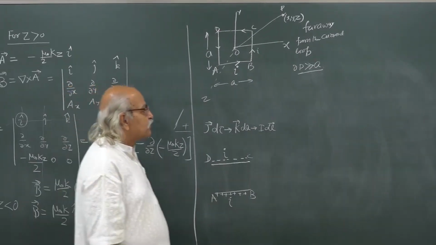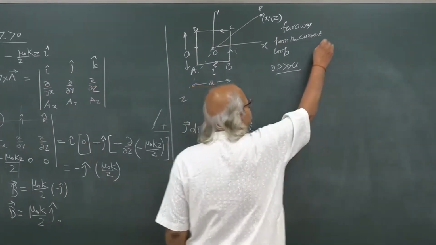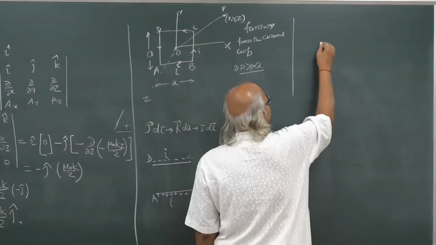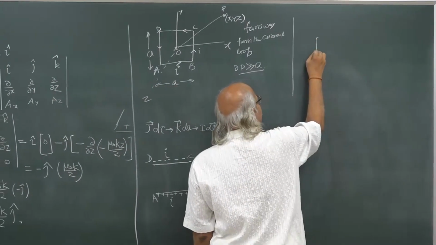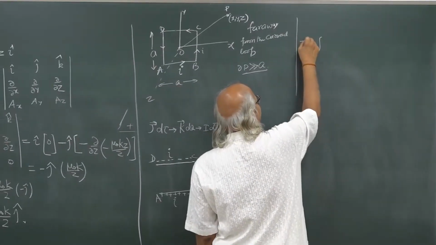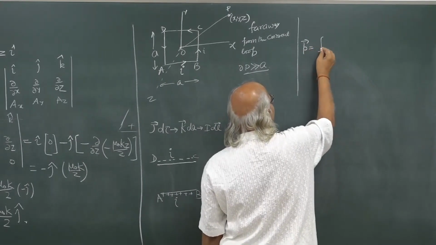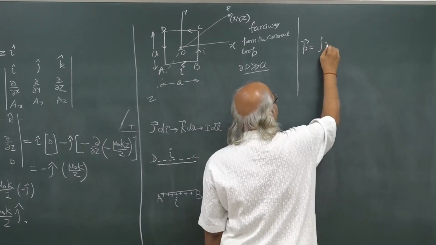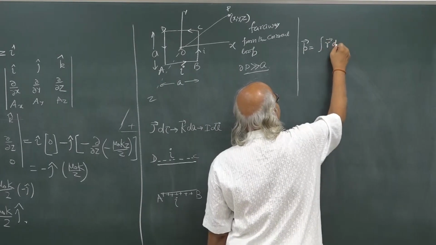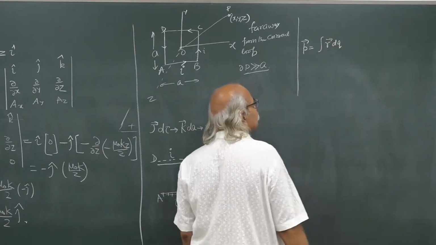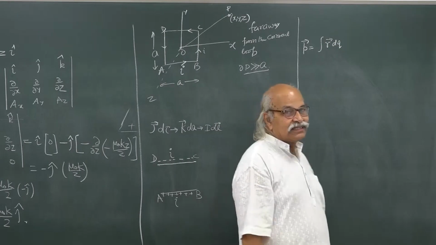And for electric dipole, let me revise equations. First is the dipole moment is defined as integration of r vector dq. What is this?